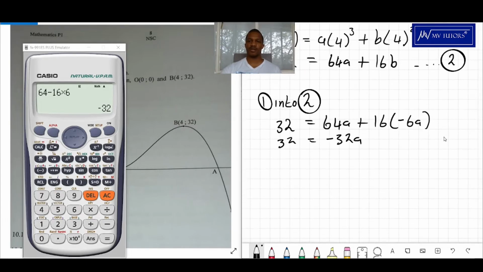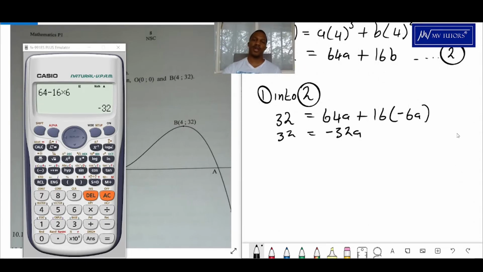Okay, and then we can continue further and say, to get rid of this, we divide both sides by negative 32, which means my a is just negative 1.